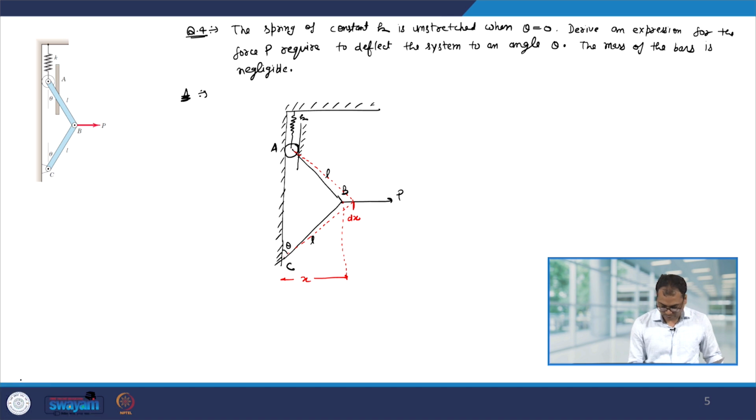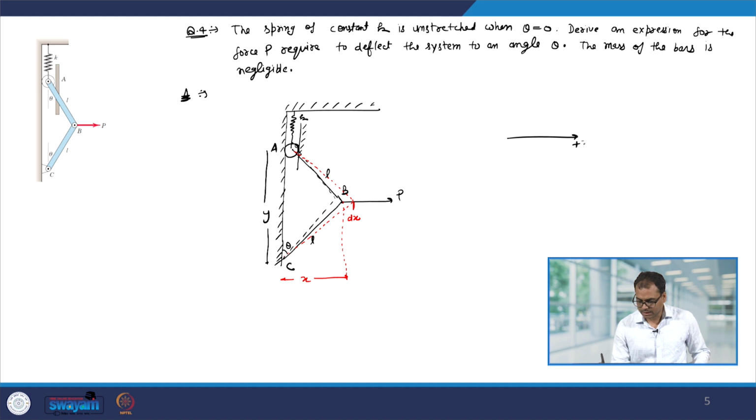So, that will be the other way around. Let us say this length is y, and let me take this direction as positive x and this direction as positive y.